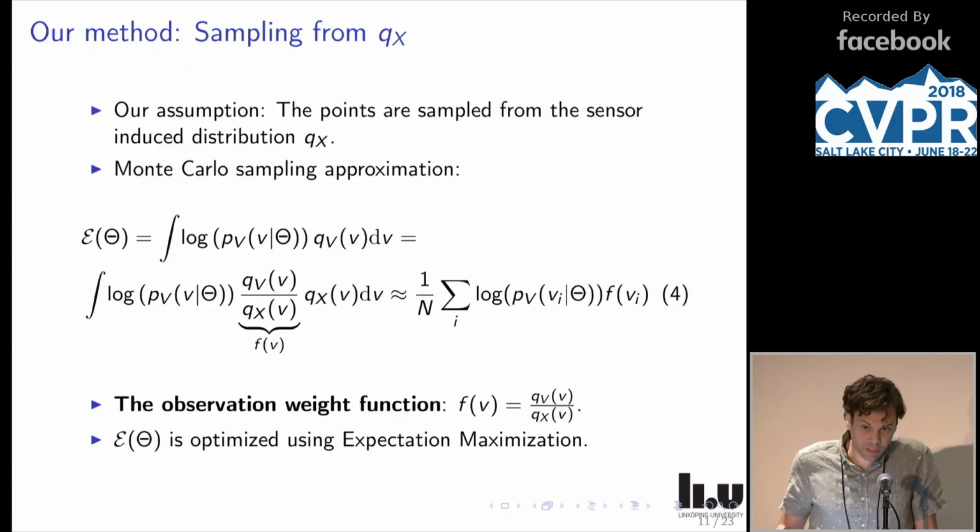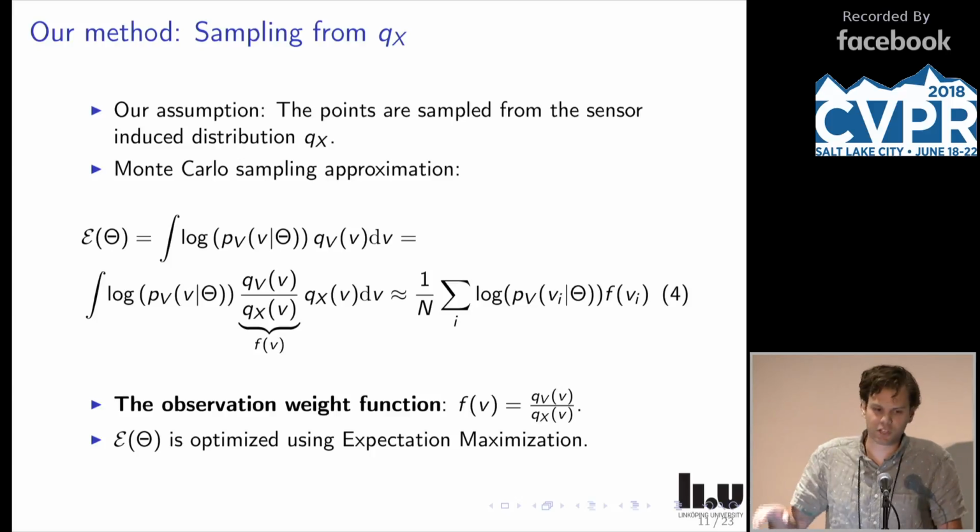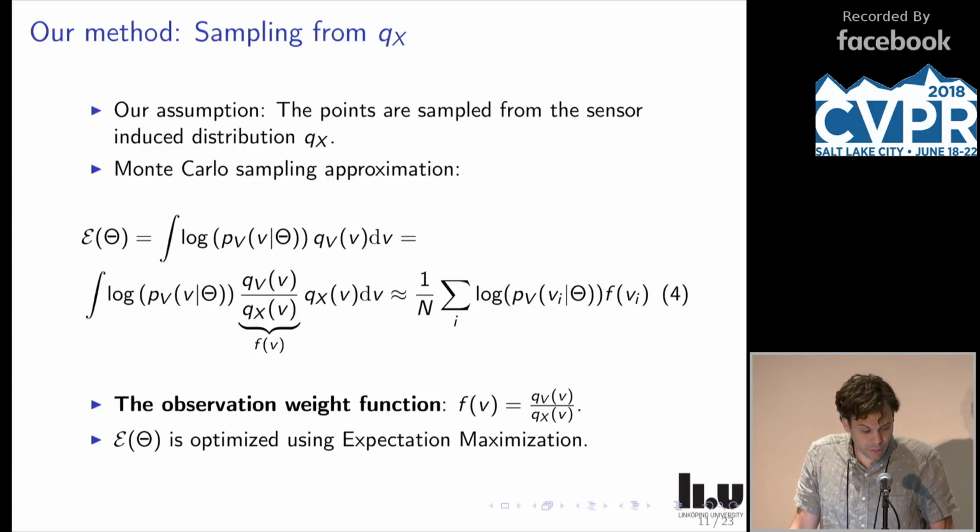Our point here is that the points do not actually originate from this latent scene distribution, but rather from another distribution that has been induced by the sensor. We denote this sensor-induced distribution by QX, and this is what we see here when we see these variations in the point density. Now, if we want to perform a Monte Carlo sampling approximation of the objective by sampling from QX instead, we have to modify the objective a little bit, as we do here in equation 4.